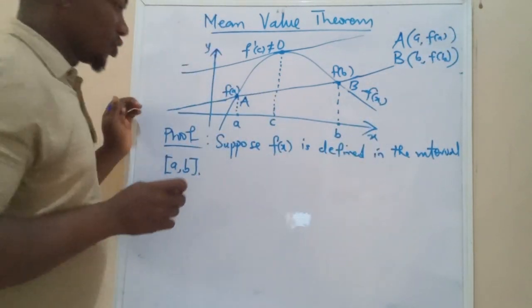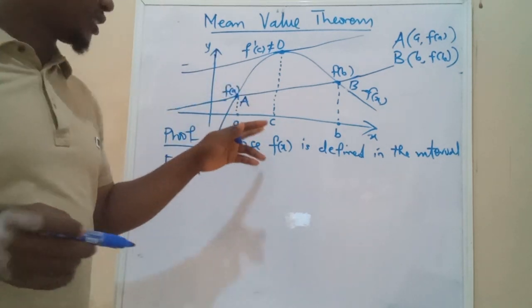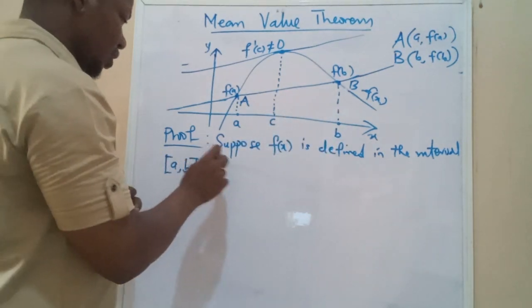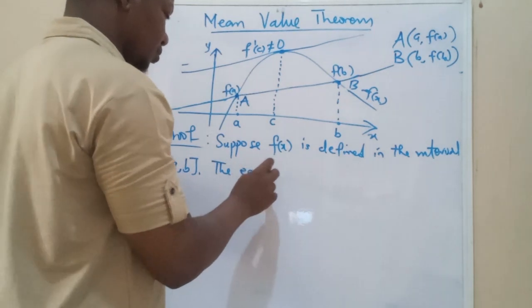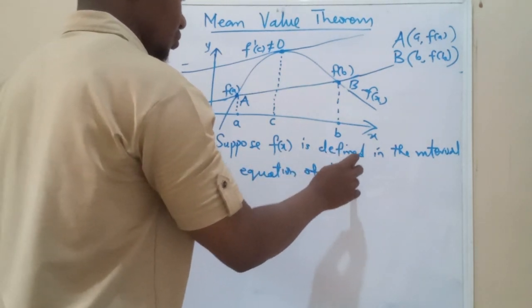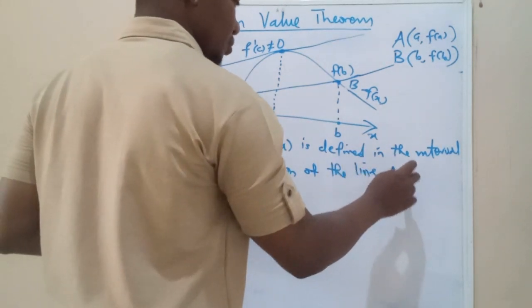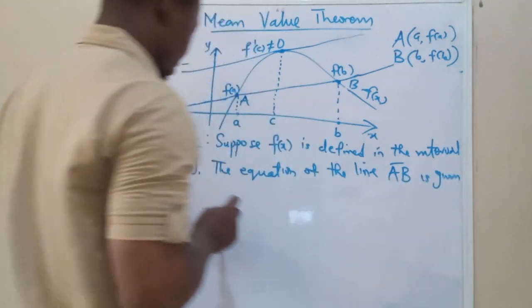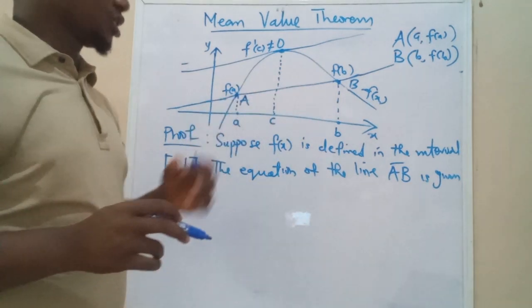So the equation of the line joining the points A and B will be given as follows, the equation of the line joining these 2 points.